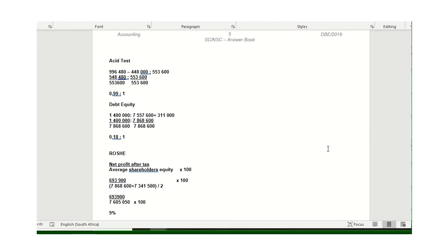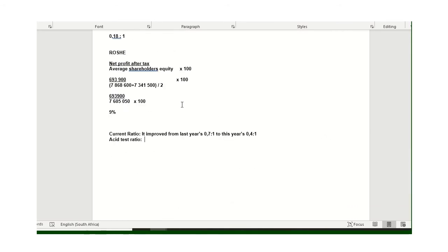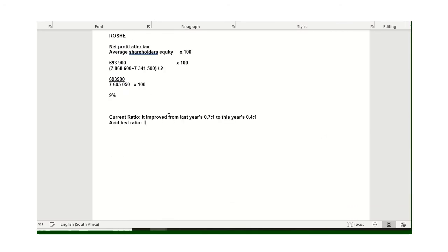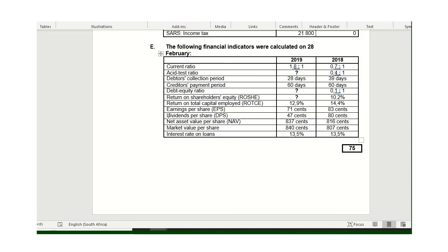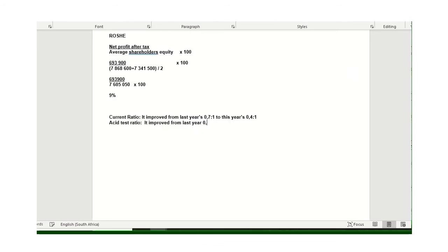So you can also say with the asset test, it improved from last year, where it was 0.4 to 1 to this year, which we calculated as 0.99 to 1.